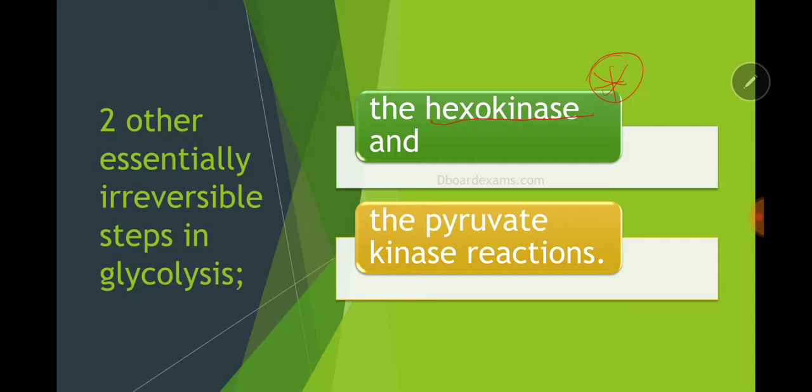The difference from the actual glucose is that glucose 6 phosphate traps glucose inside the cell.